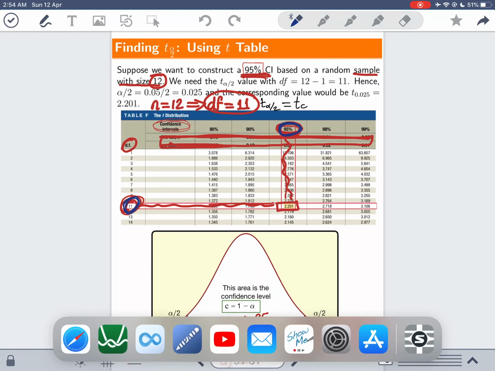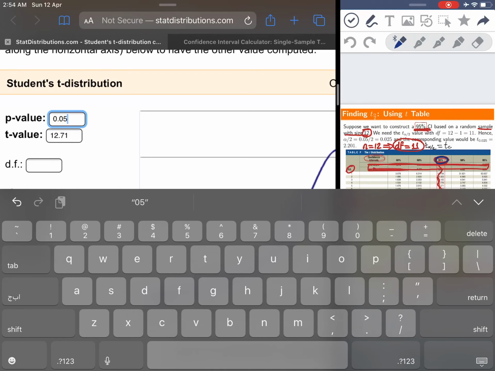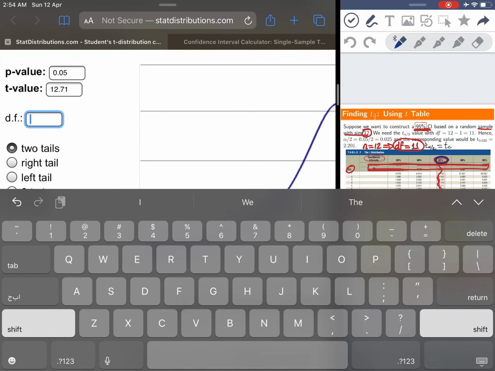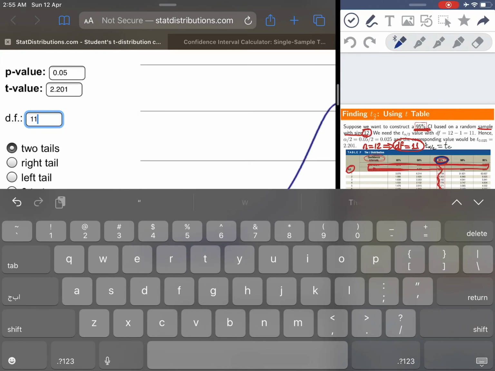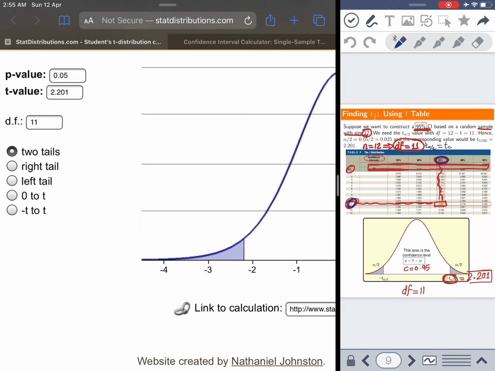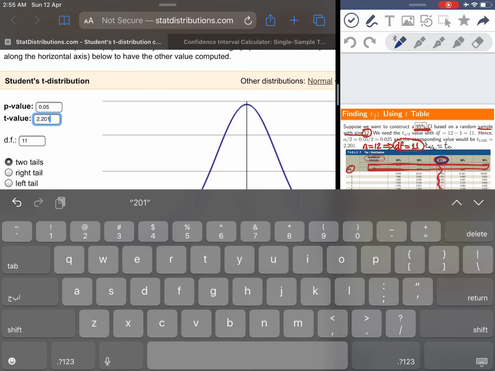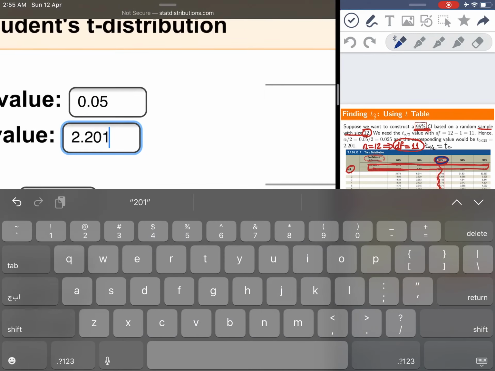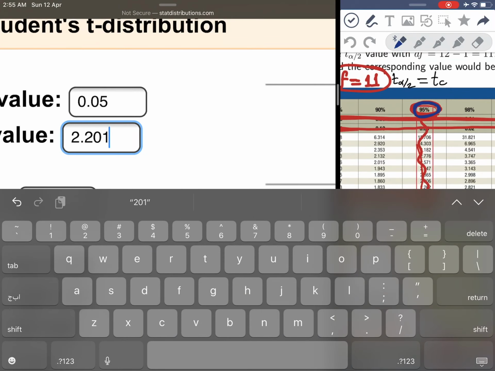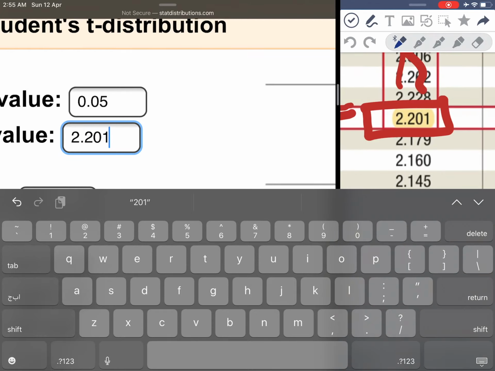We know that C is 0.95, so alpha is 0.05. And the degrees of freedom, the sample size is 12, so we have 11 degrees of freedom. And keep it at 2 tails all the time, 2 tails. Okay, later I will tell you we will use right and left tails, but for now, for confidence intervals, always keep it at 2 tails. Look at the number that you got for T, 2.201, which is the same as what we have from the table.